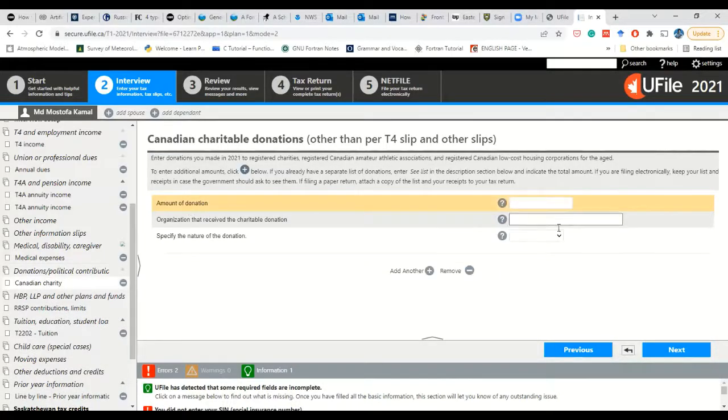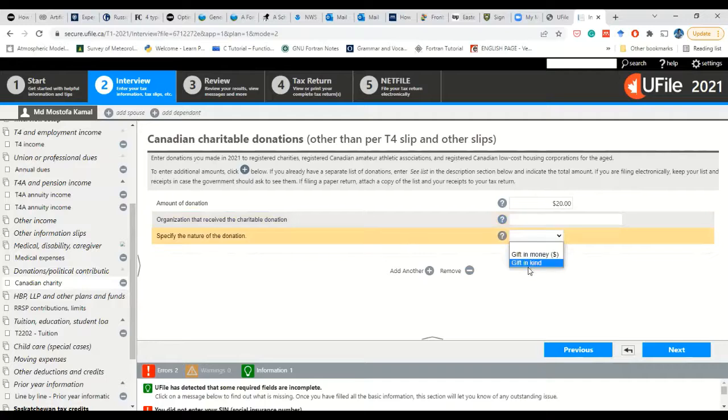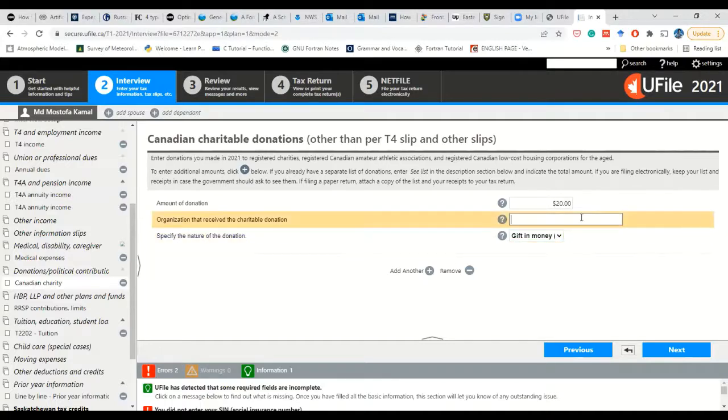Let's say you contributed $20 to the Canadian Red Cross last year, then the name, Canadian Red Cross, and then the type of donation: gift in money or gift in kind. The same if you donate $20 to the Canadian Liberal Party or Conservative Party. You can claim all those charitable donations here.